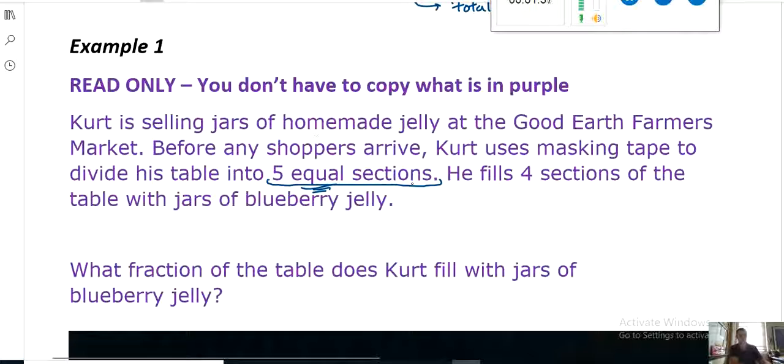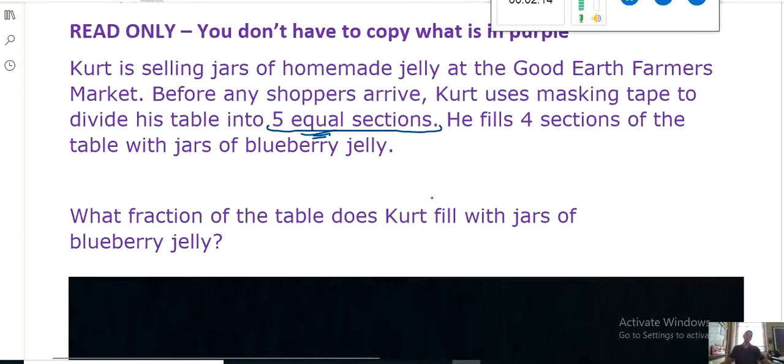One individual part can't be larger than the other. So he has 5 equal sections total. He fills 4 sections of the table of jars with blueberry jelly. So what fraction of the table does Kurt fill with blueberry jelly?